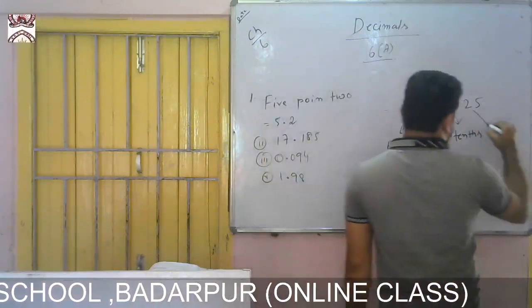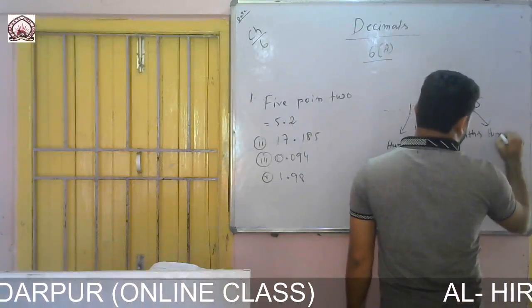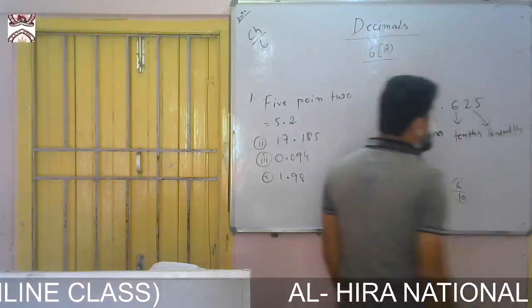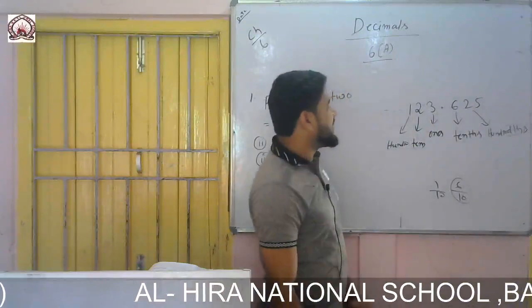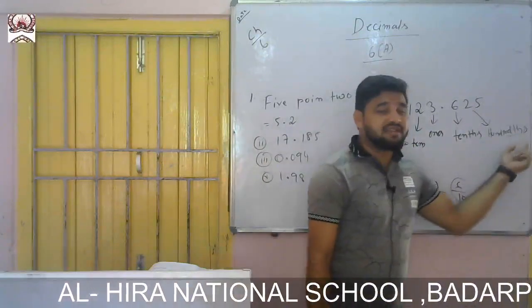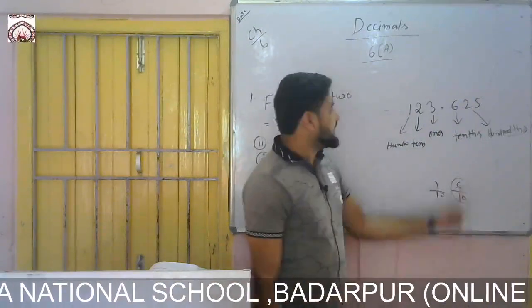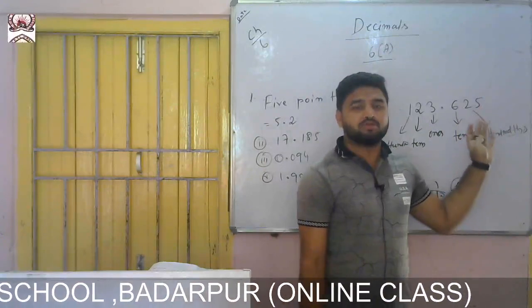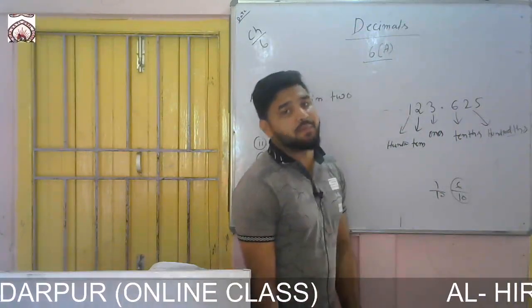This one will be hundredths. If you say hundredths, tenths, these are the numbers which will be placed after the decimal point, that is in the fractional part.